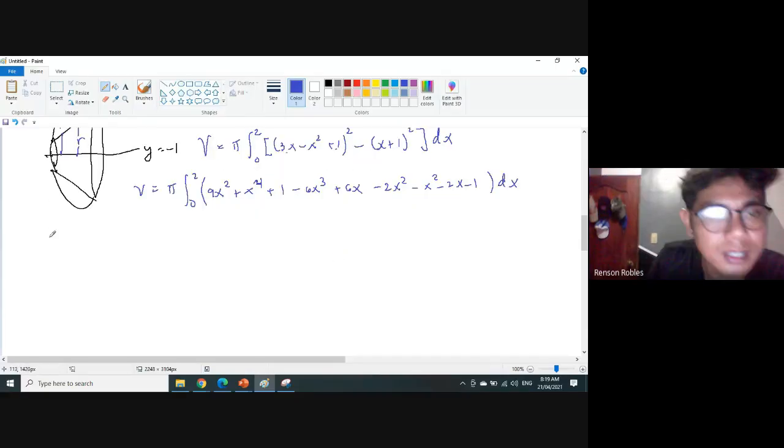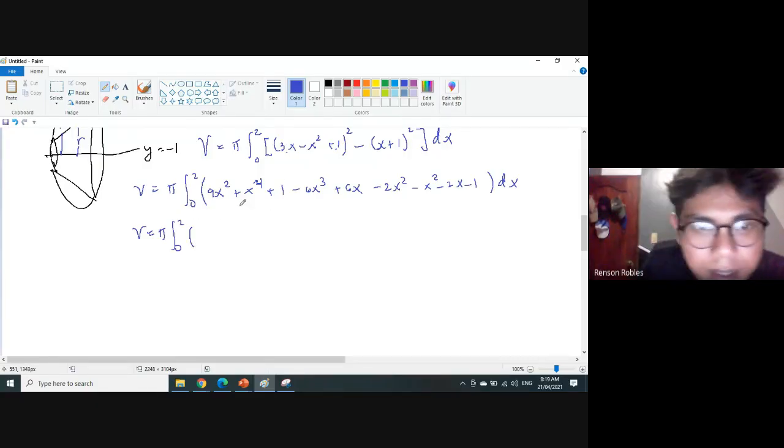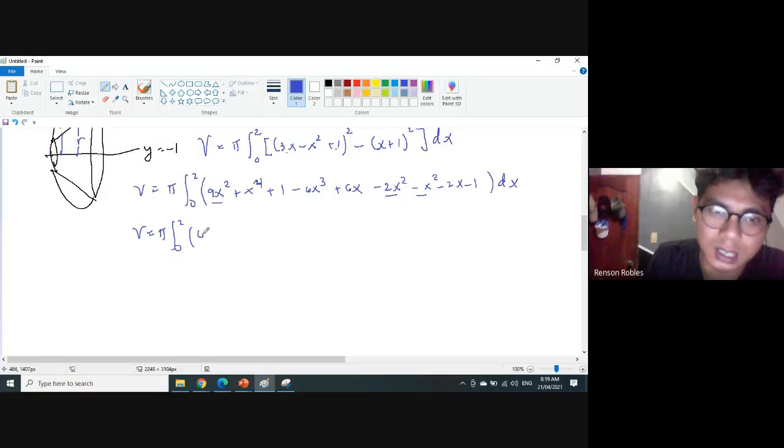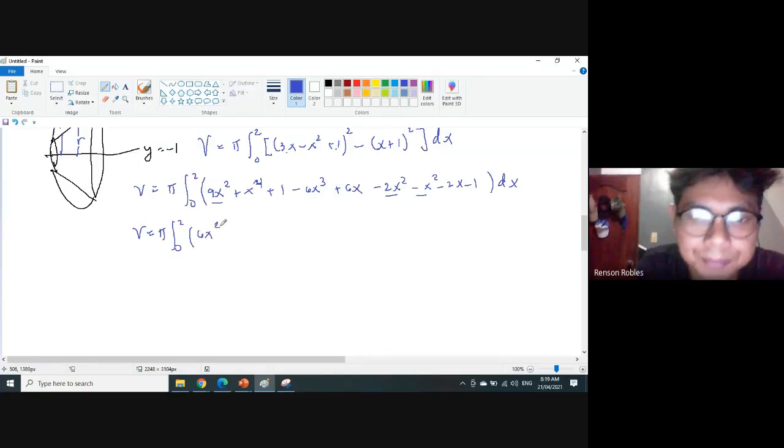Then we combine similar terms before we integrate from 0 to 2. What should be combined? 9x squared, negative 2, negative 1, so that should be 6x squared. Am I right? Yes po. Then plus x to the 4, then negative 6x cubed, and then plus 1 minus 1 goes to 0, 6x minus 2x, so that will be plus 4x.